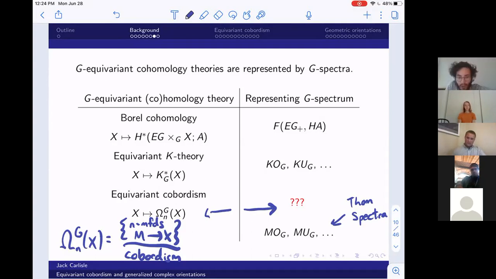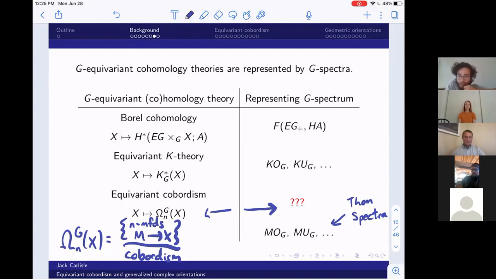Is that we don't know, and most examples have it, or examples we know have it, or is it some examples don't have it, some examples have it, and we don't know in general? Yeah, that's a great question. What I would say is this. In the unoriented case, it is known in general that there is in fact a spectrum that represents cobordism of manifolds. We know exactly what it is. In the complex case, there is a natural candidate for the spectrum which should represent this cobordism of manifolds.